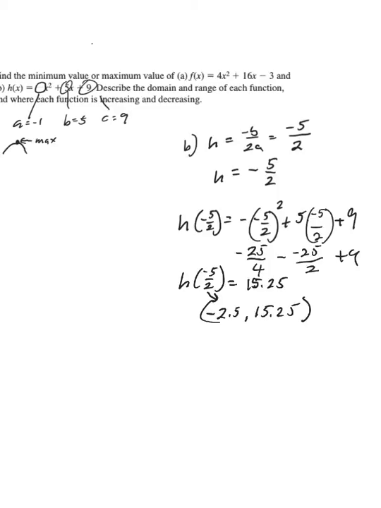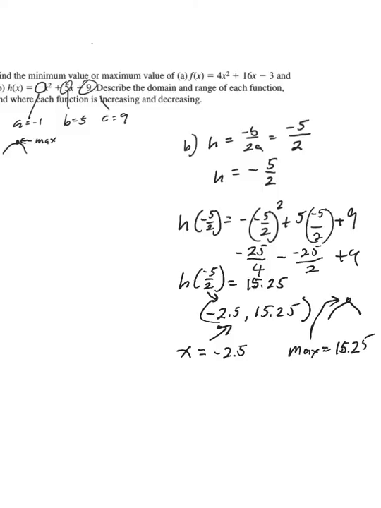Now, what information can we get from this vertex? First of all, we know that the axis of symmetry is x equals negative 2.5. We also know that this is an upside down parabola, so this value of 15.25 is the maximum value. So it has a maximum value of 15.25.